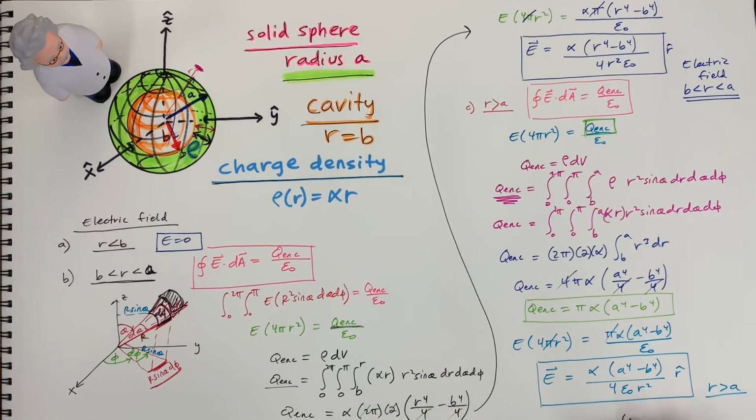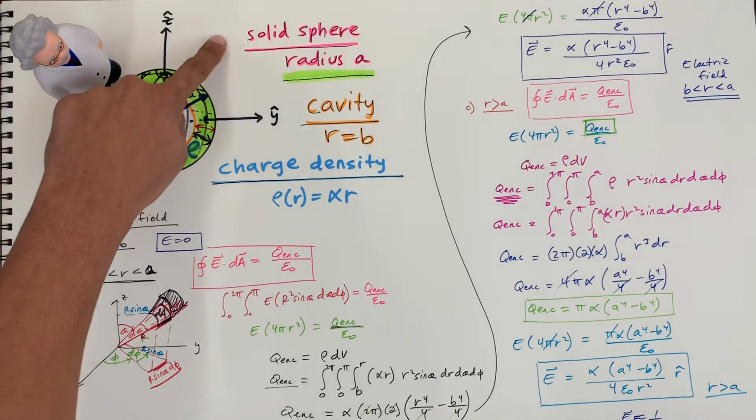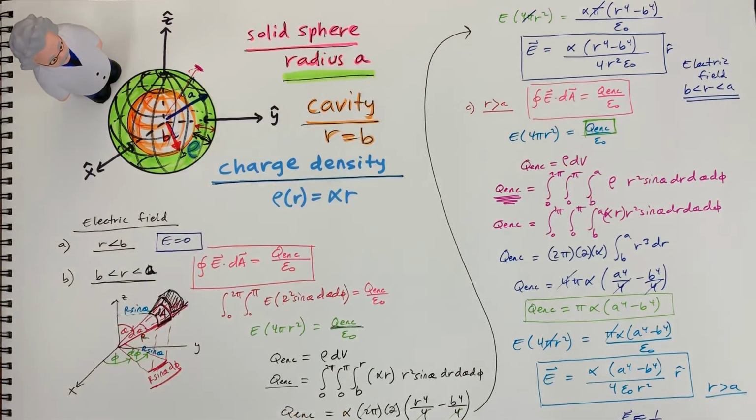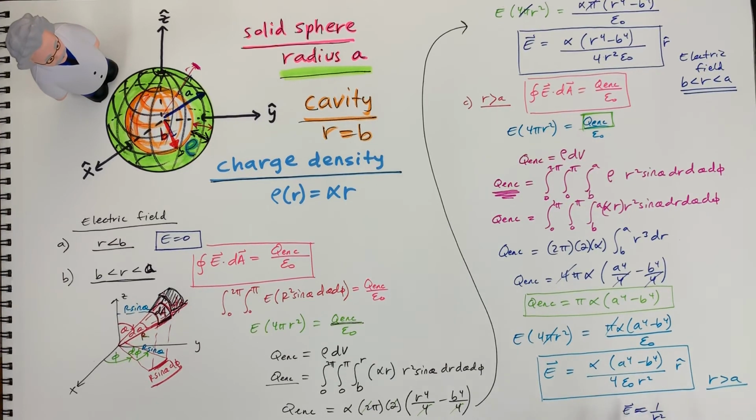So what that means is that the electric field is proportional to 1 over r squared. Okay, so as I get farther and farther away, right, increasing r, then I will be decreasing my electric field.